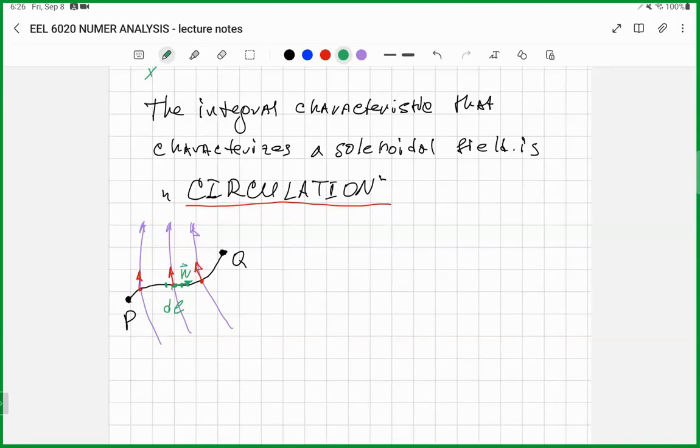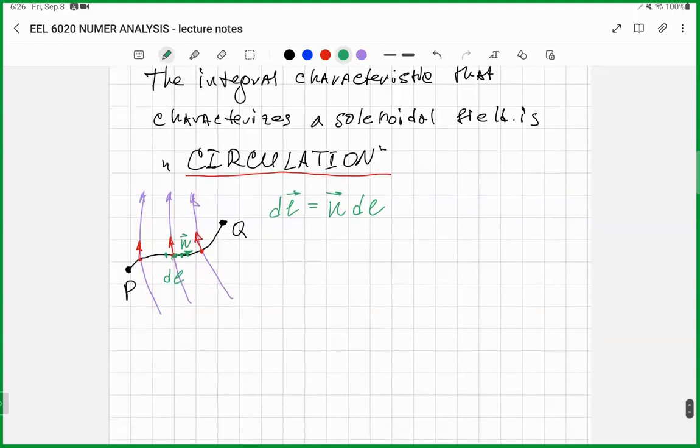So this unit vector n defines the direction of the motion, and the element of moving along this path, along this line, is defined by both the direction, which is n, the unit vector, and the element of the step, dl.